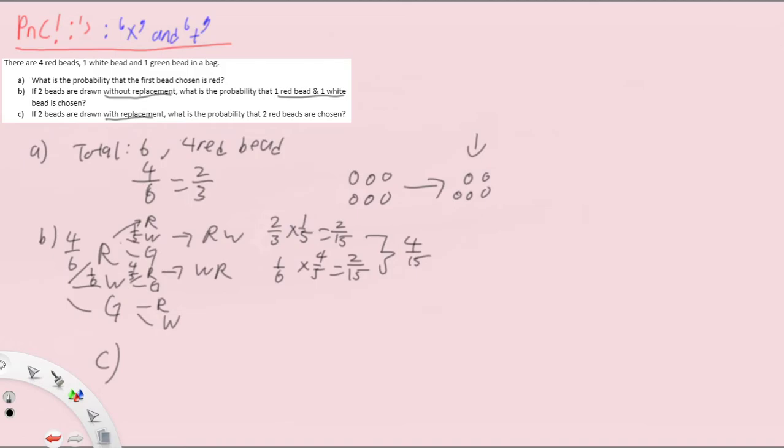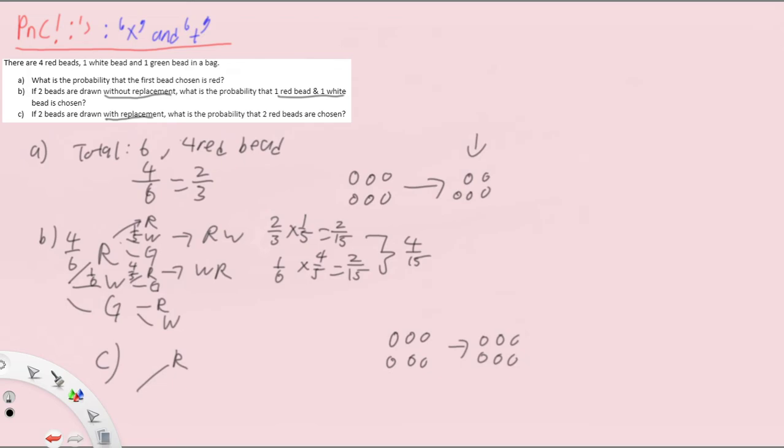Let's look at part C now where there is replacement. When there's replacement, it's actually very similar. We have 6 beads, we draw the first one, we then put it back, and we'll start with 6 beads again for the second one. What's the probability that 2 red beads are chosen? I'm not going to write down white and green because we're not interested in those.